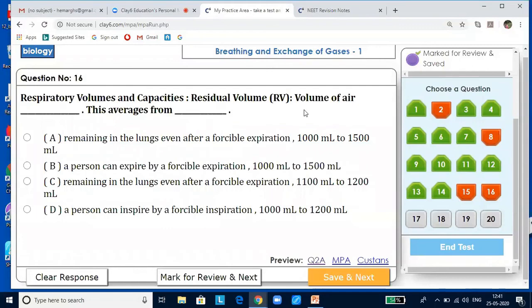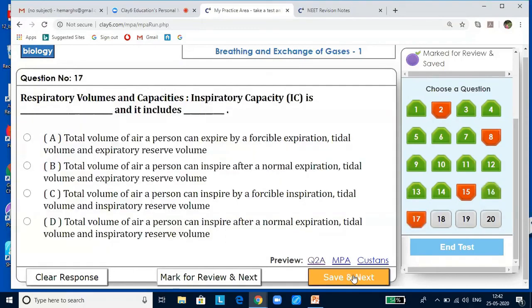Residual volume is the volume of air that remains in the lungs even after forcible expiration, and its value is 1100 ml to 1200 ml. Inspiratory capacity is dash and it includes dash.